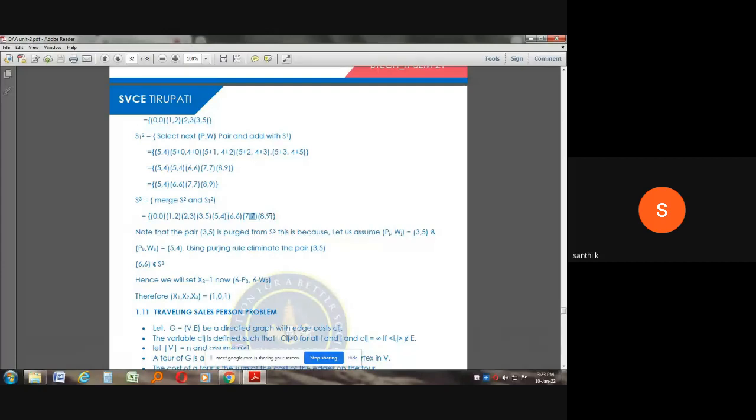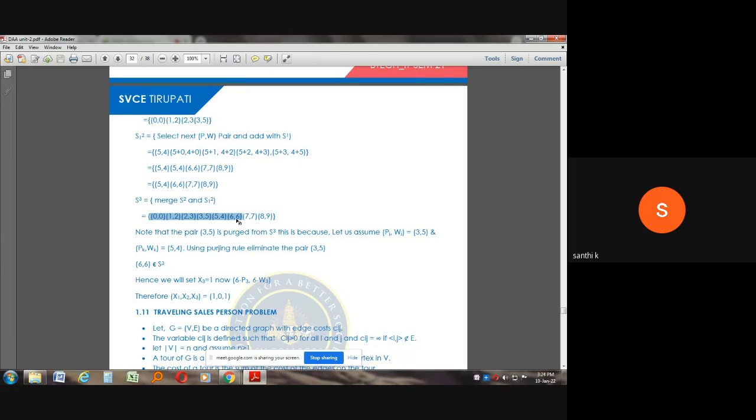Why we are removing them: those ordered pairs whose weight is beyond the capacity of the knapsack, we have to remove. So finally, we are left with the ordered pairs (0, 0), (1, 2), (2, 3), (3, 5), (5, 4) and (6, 6).